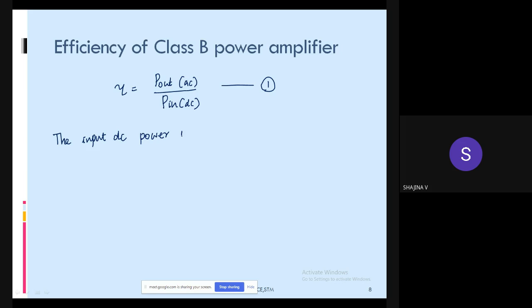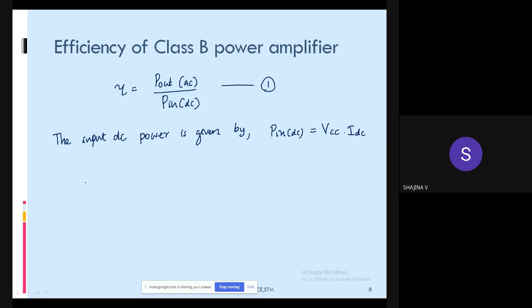Input DC power is given by P in DC, that is equal to VCC, that is the supply voltage, into IDC, that is the DC current flowing through the circuit.